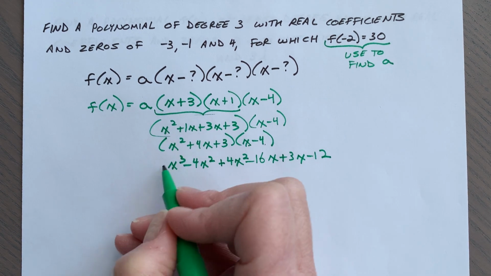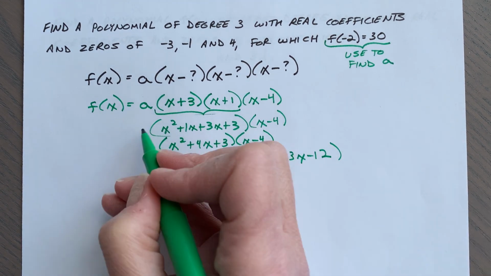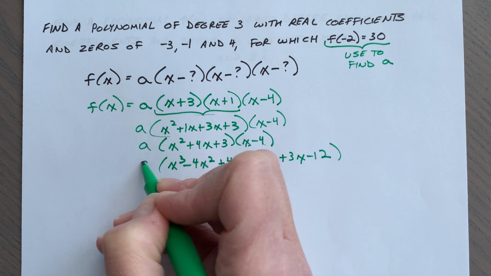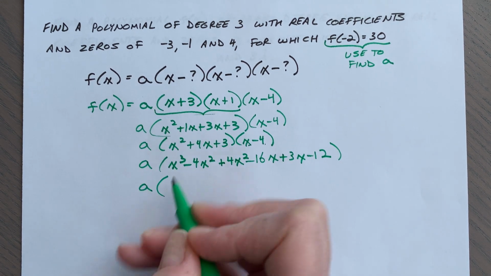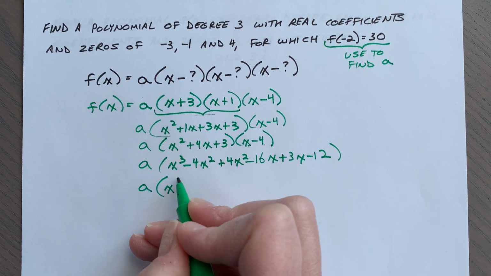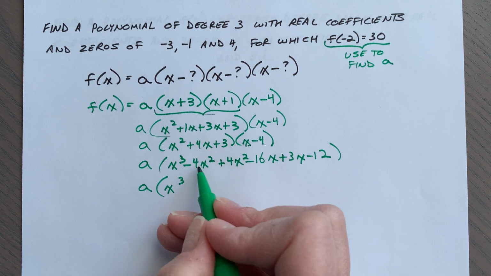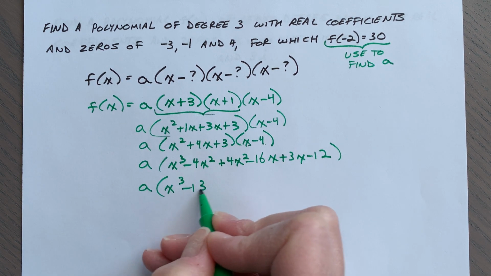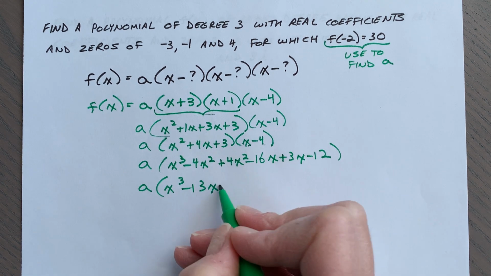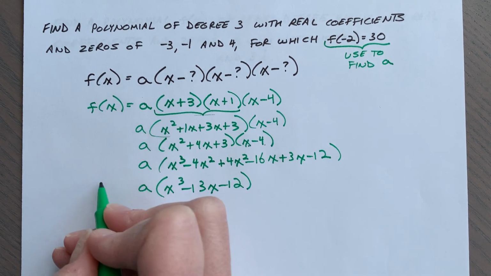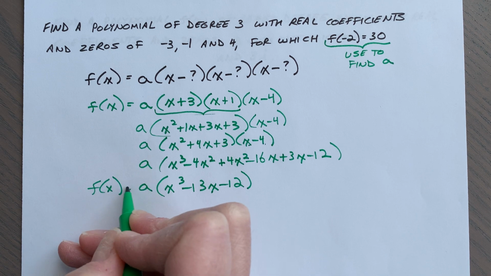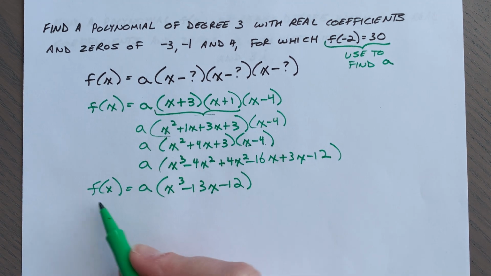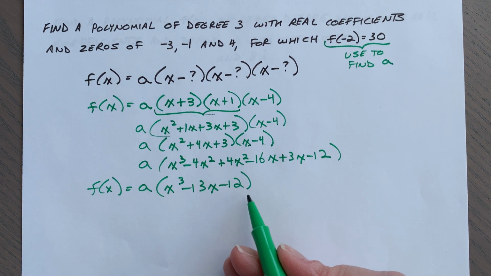And when I combine all of those like terms, remember all of this is still being multiplied by that mystery a. We have a times x cubed. We have 0 x squareds, but we're going to have negative 13x and then minus 12. So just working with the zeros that we're given, we can reach this form of our polynomial.